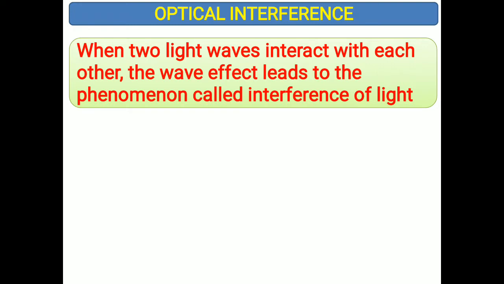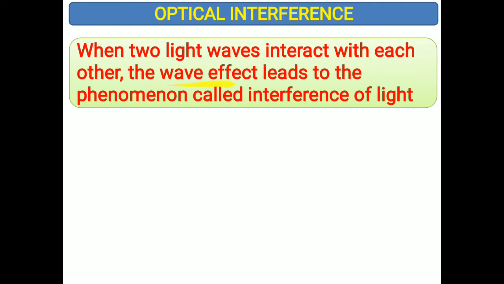First, what is the meaning of optical interference? Optical interference means when two light waves interact with each other, meaning when two lights combine with each other.